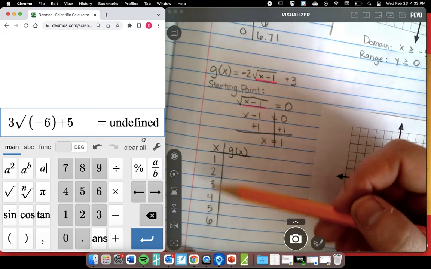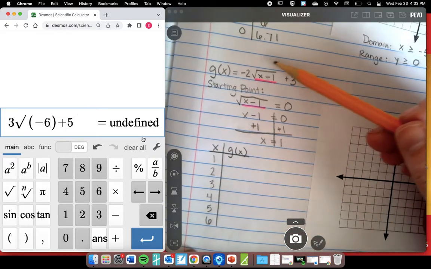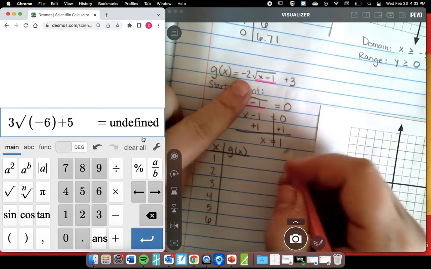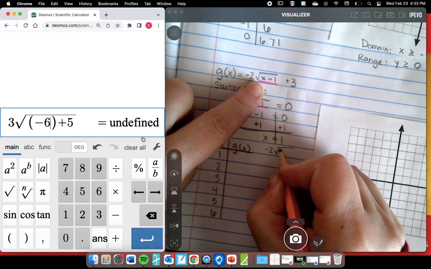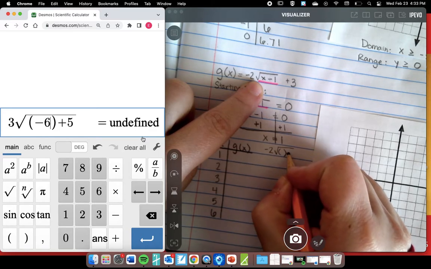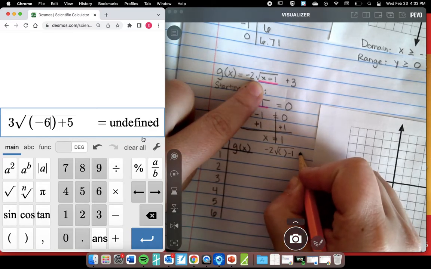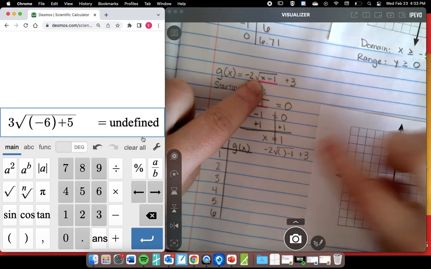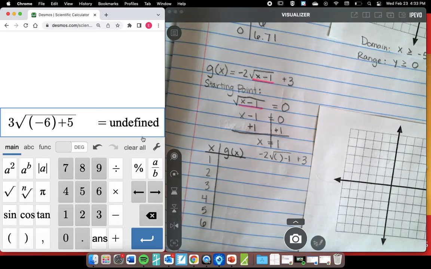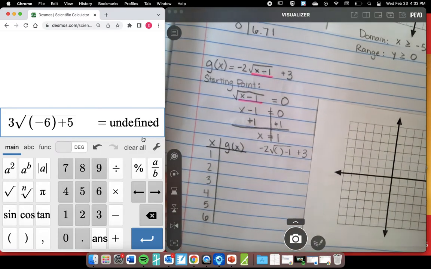And then I'm going to be putting these numbers into this function. So it's negative 2 times the square root, with parentheses something minus 1, and then a plus 3. What's really important is this plus 3 is on the outside of that square root. And that's really important when we plug it into our Desmos calculator.